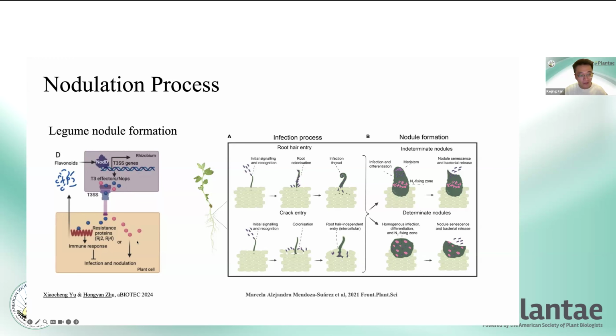These effectors and NOPs can be identified by defense proteins, triggering a defense response that inhibits nodulation. For example, some kinds of NOP can be identified by RG2 and block infection thread formation to start nodulation. So the host-specific nodulation depends on the NOPs secreted by the T3SS of rhizobium.